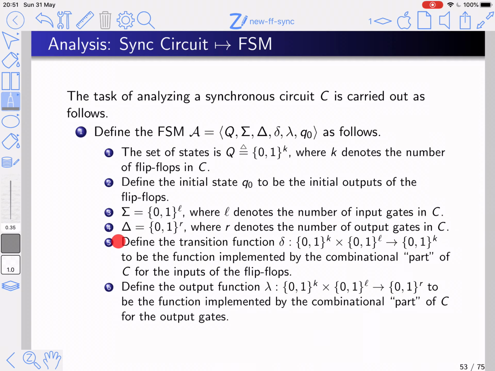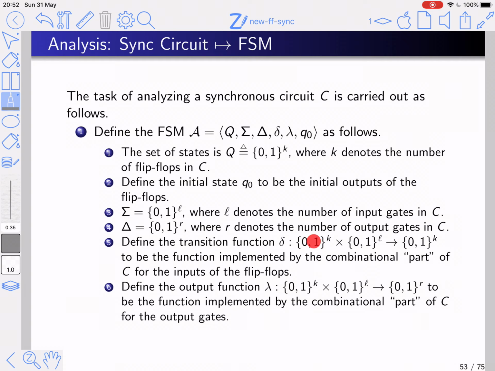Now we need to define the transition function and the output function. The transition function is a function from pairs of strings of length k and strings of length L to strings of length k. So this string encodes the state. This string encodes the inputs. And this string encodes the new state. So this is the function which is implemented by the combinational part of the synchronous circuit.